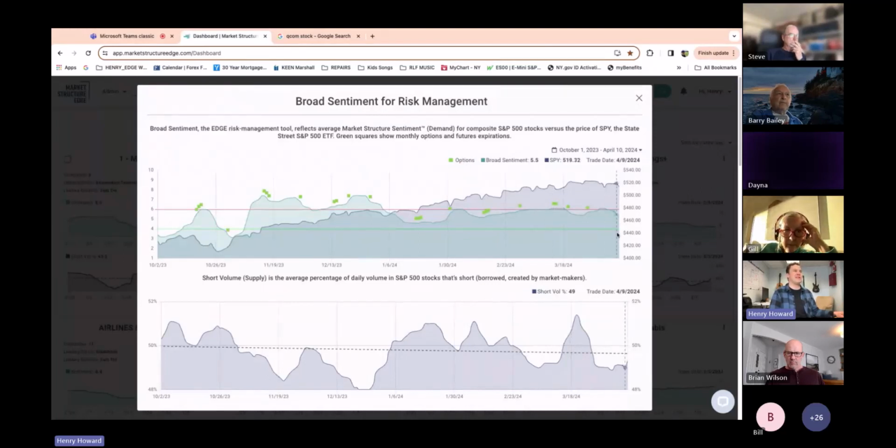What I'm looking at here is broad sentiment, and we were at 5.8 earlier this week. I'm not seeing this flatten out yet, but we're still above our number of 5, and we don't have super high short volumes relatively.